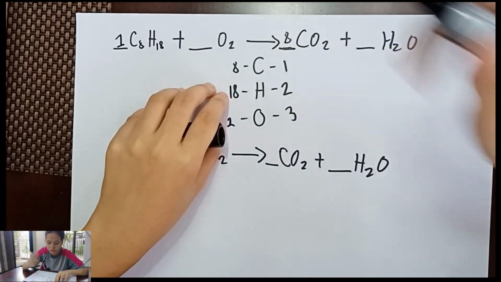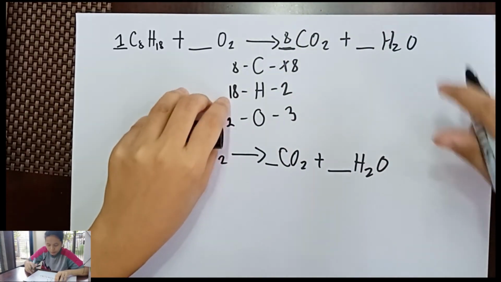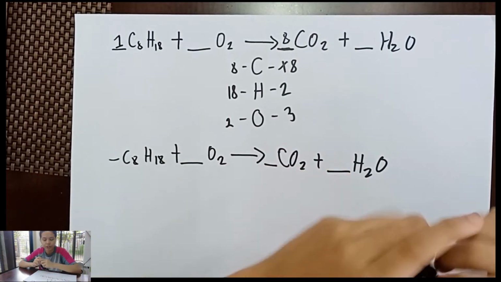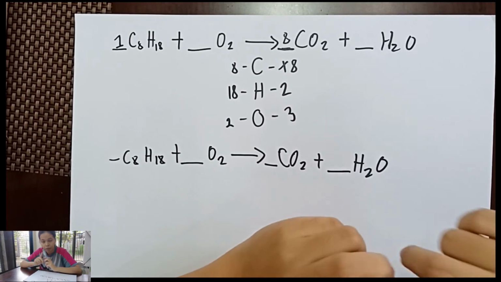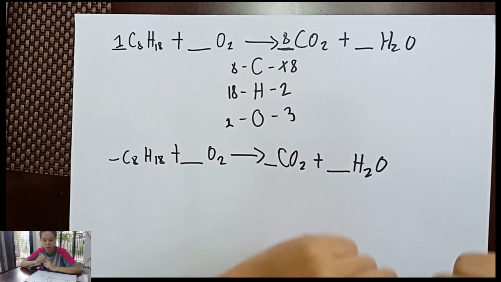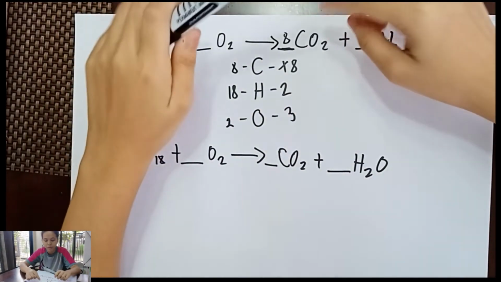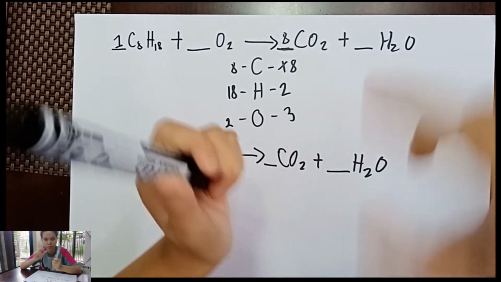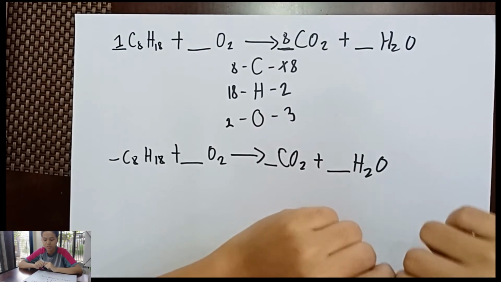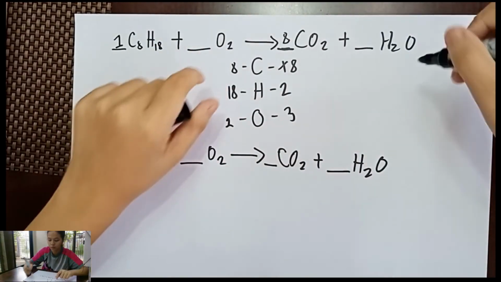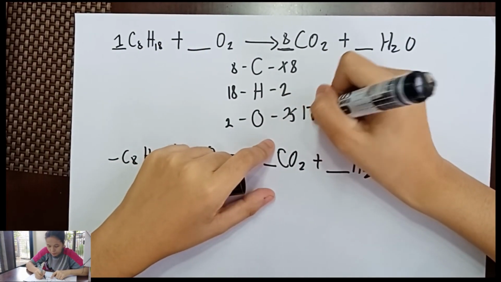That would be easy, 8. Now as I put a coefficient to carbon dioxide, carbon will not just be affected but also the oxygen. So the number of atoms of oxygen will also change. So 8 times 2 will give me 16 plus 1 here will give me 17.